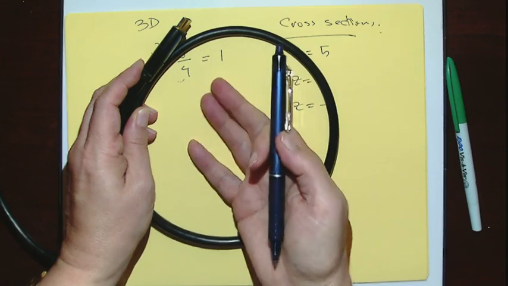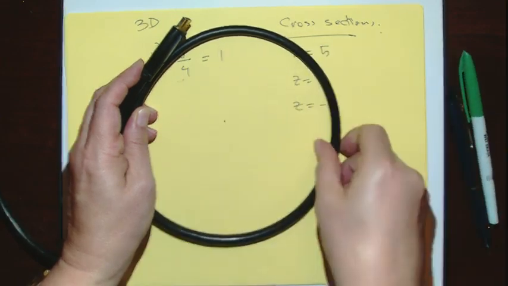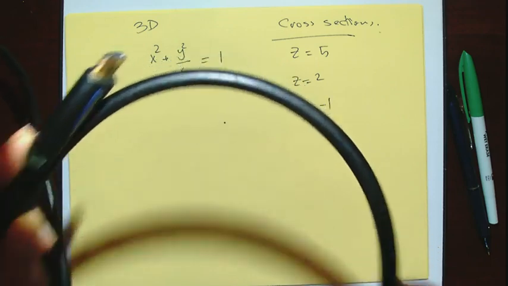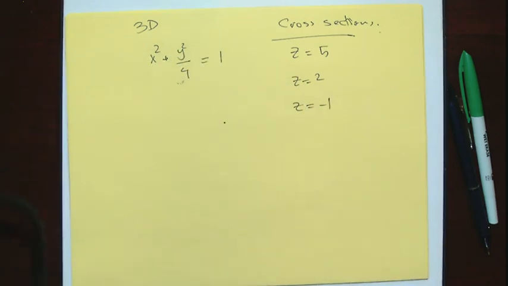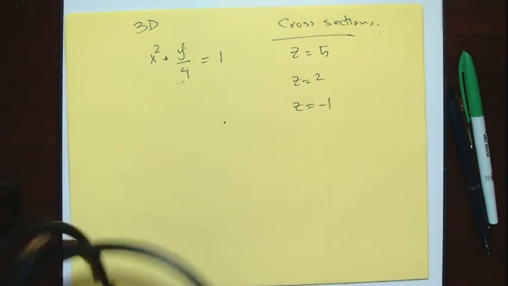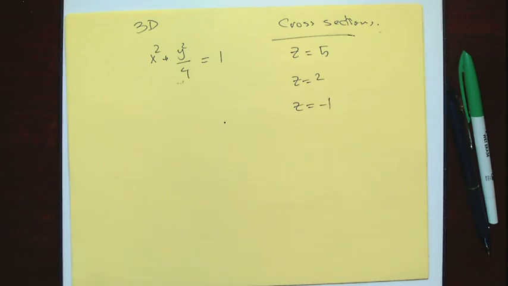At any plane parallel to xy plane, what is this motion? It's a cylinder, right? So when one variable is missing, typically you see a cylinder. I'm sorry, a cylinder. Scratch the elliptical.